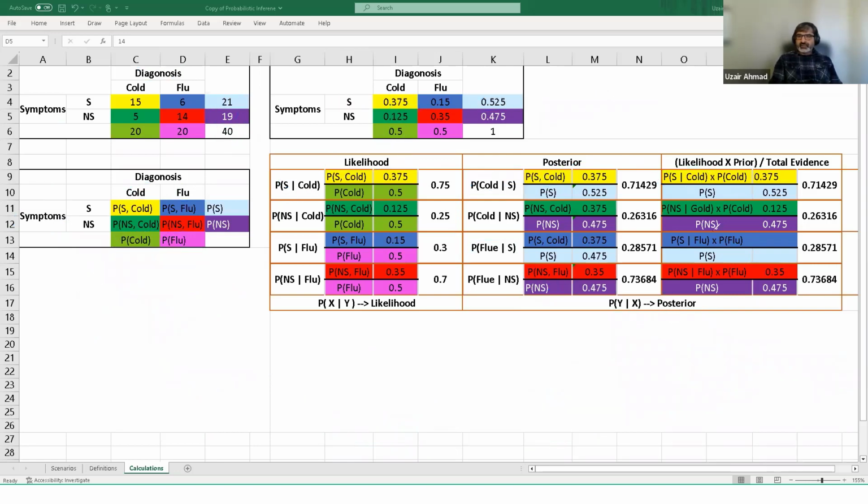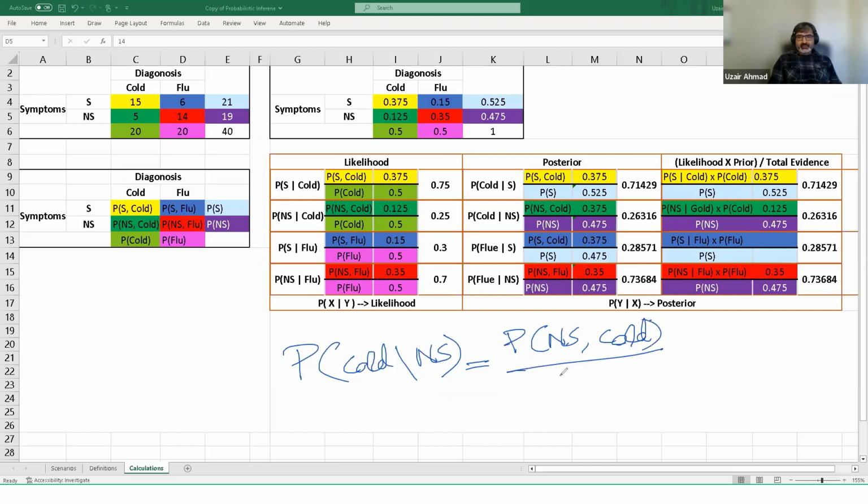So if I say, what is the probability of a person having cold given that the person is not sneezing? You will do what? We can look at the joint probability of not sneezing and cold divided by the marginal probability of the information that we have. Now we can expand it.